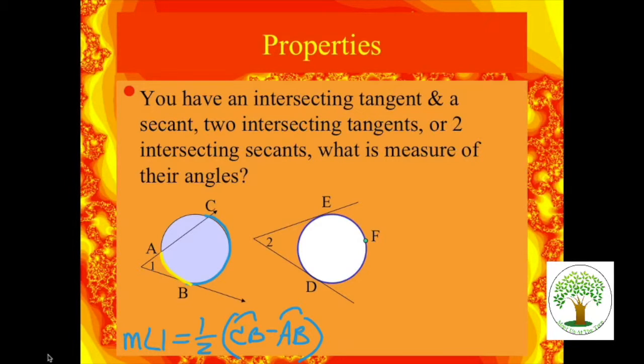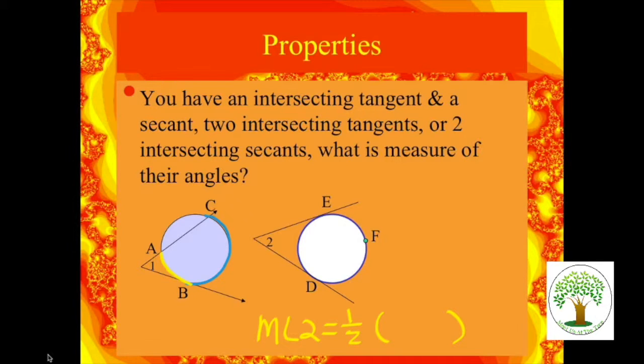Let's look at the two tangents. Two tangents, I have another dot here. I'm going to take out this thing because I have too much stuff going on. We're going to have the measure of angle 2. It has a 1/2. That's a recurring theme. What plus or minus what?